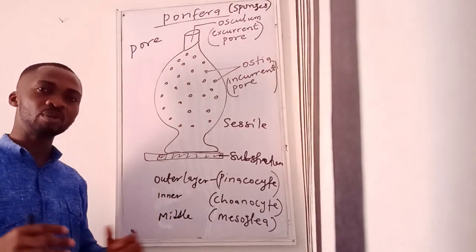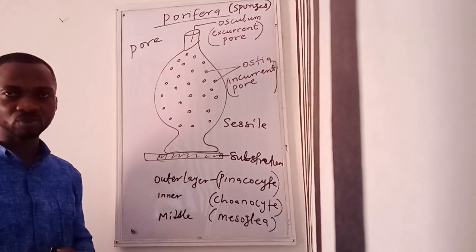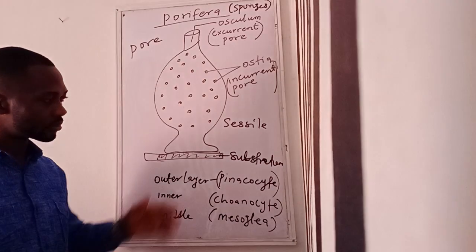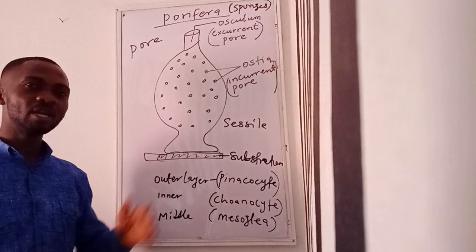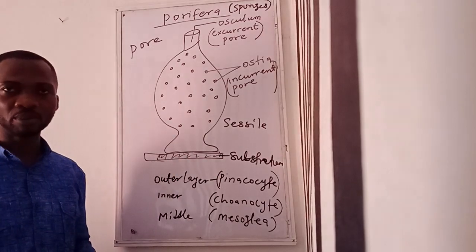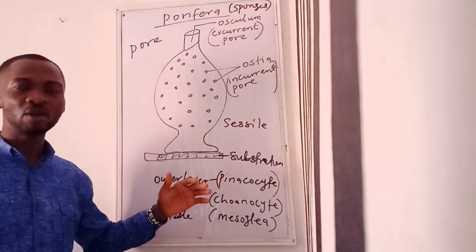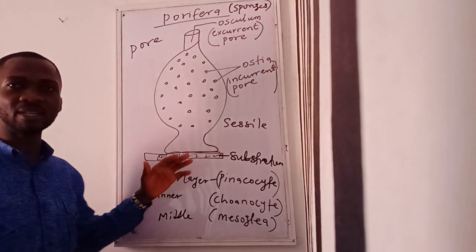However, budding is the commonest method of reproducing asexually, and it can occur through two types of budding, internal budding and external budding. The most prevalent in this organism is the external budding.